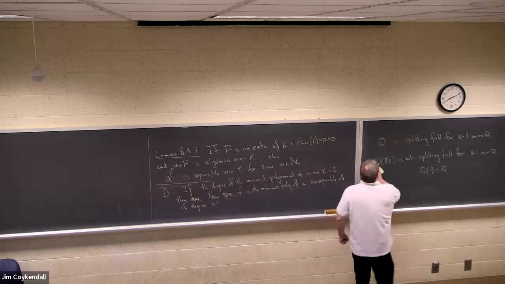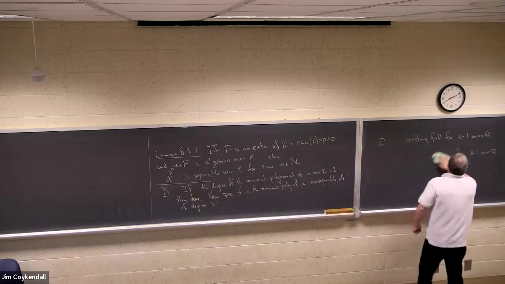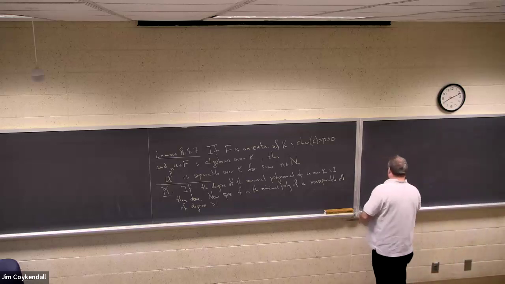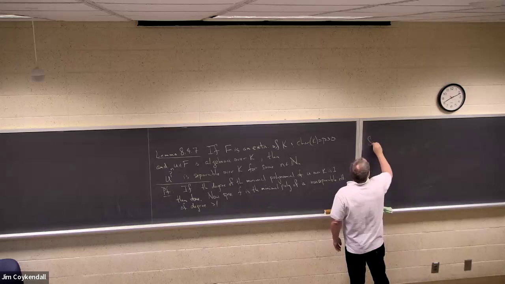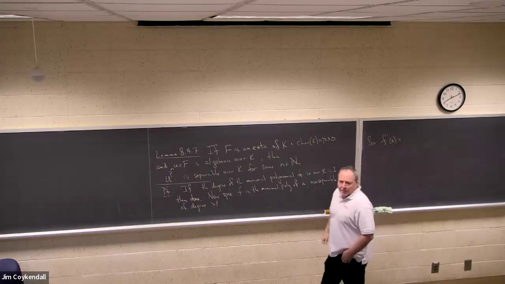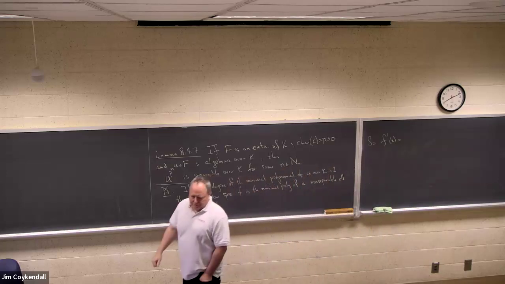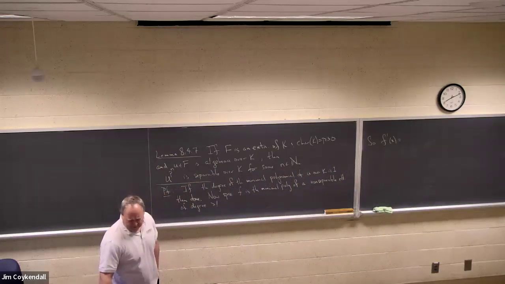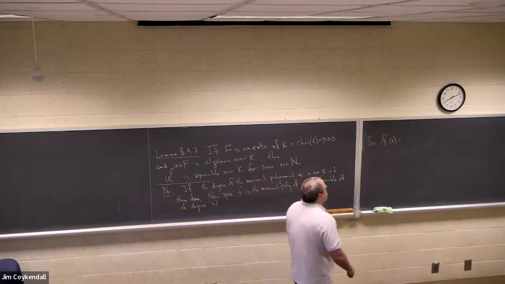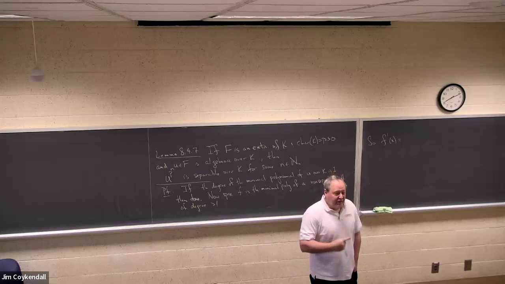So let me ask you this. What do we know about this? It has a common factor with that. Well, but we have a result that's even stronger than that.